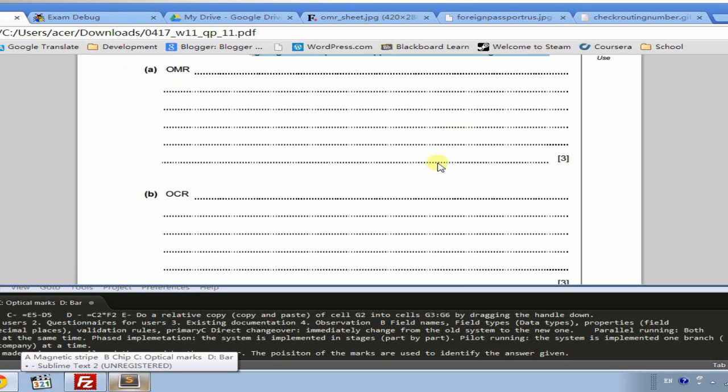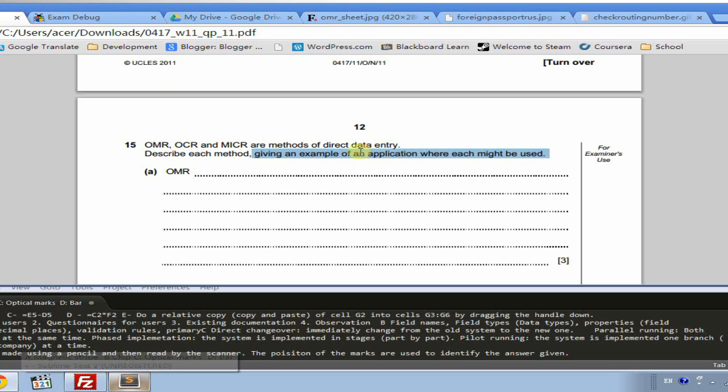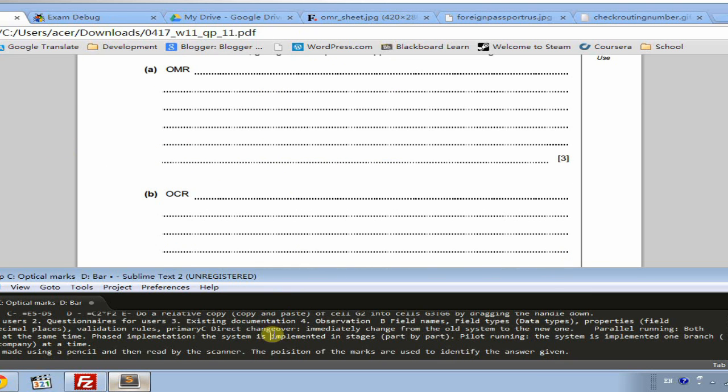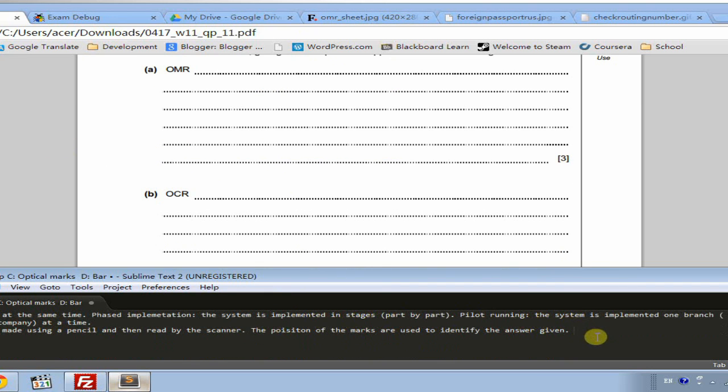Second part, don't forget, give an example of an application where each might be used. So our obvious one here for OMR is almost always for multiple choice questions. So school exams that are multiple choice. So something like that would work quite well.